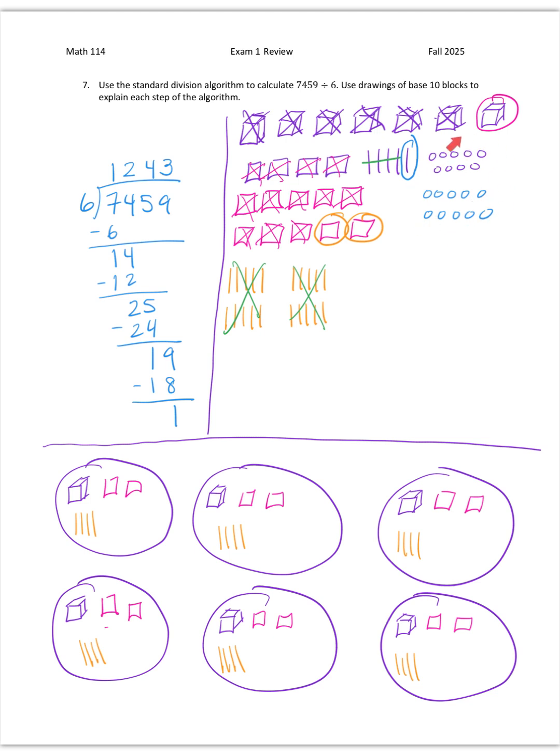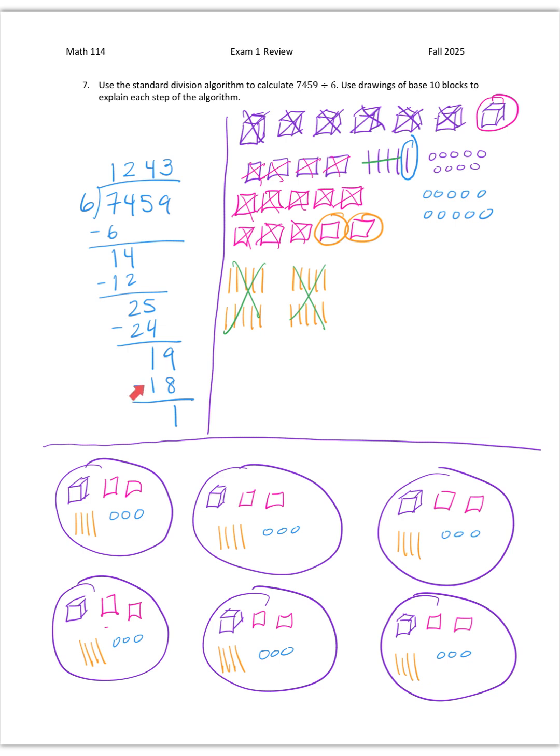And if I want to distribute these 19 ones to my 6 groups, I could put 3 in each group. So 1, 2, 3, 1, 2, 3. That's 18. I've given out 18. So I can put 3 in each group. 6 groups of 3 is 18 ones. And when I subtract, because I had 19 ones, now I have 18.